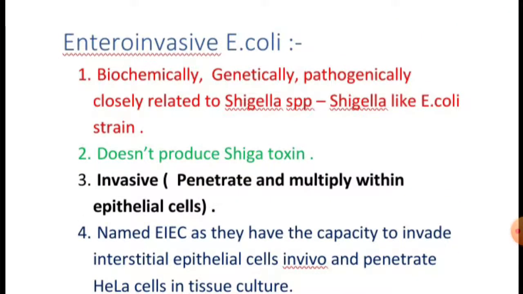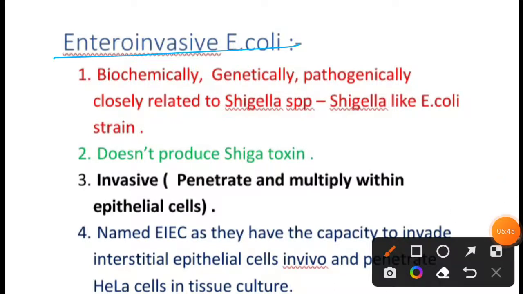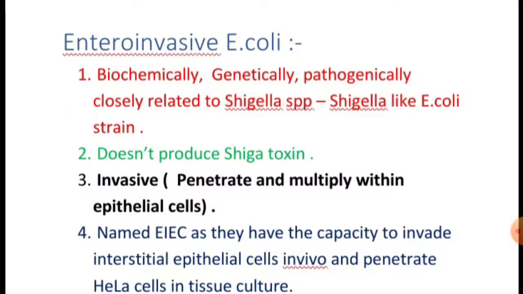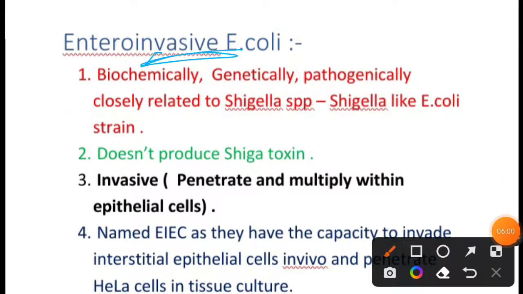So that is the concept of enteroinvasive E. coli. What you should remember is that enteroinvasive E. coli are similar to Shigella species, but that does not mean they produce Shiga toxin, though the rest of the mode of action is exactly the same. As their name suggests, they are invasive, meaning they invade their target cell, the intestinal epithelial cell.